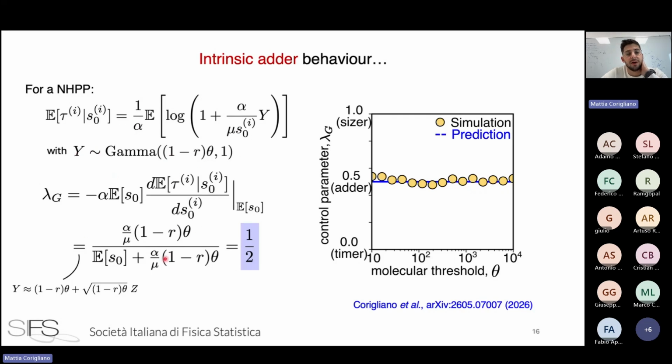Then, exploiting a Gaussian approximation for this gamma distribution, justified by the fact that the threshold is typically high, we can compute the derivative and compute lambda g.